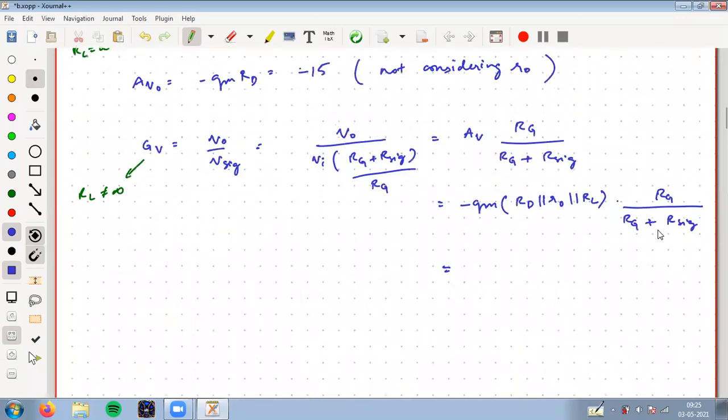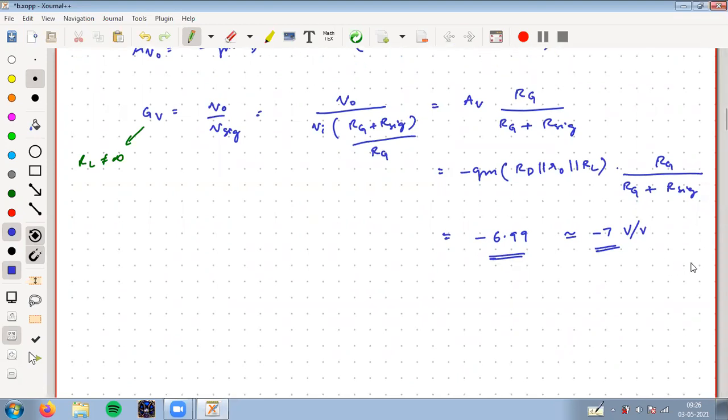Then this will turn out to be minus 6.9, so it is close to minus 7. Generally for gain there are no units, but we can also write it as V per V, voltage per voltage, since it is V0 by V signal. So this is overall gain.